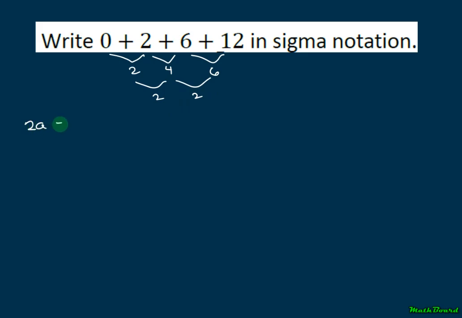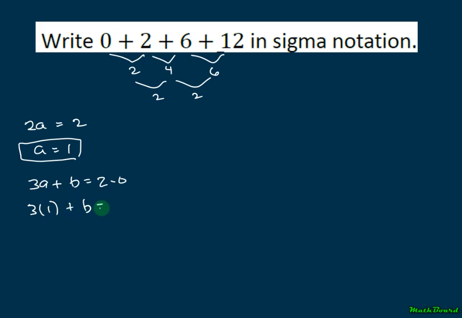So 2a is equal to 2, the second difference. A equals 1. Then 3a plus b equals second term minus first term, 2 minus 0. So 3 times 1 plus b equals 2. Therefore, b equals 2 minus 3, and that is negative 1.